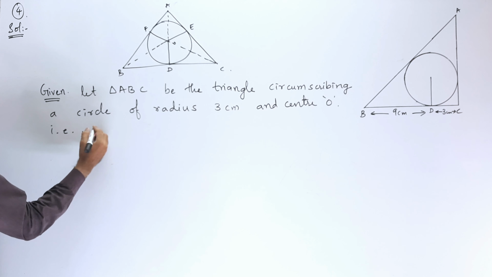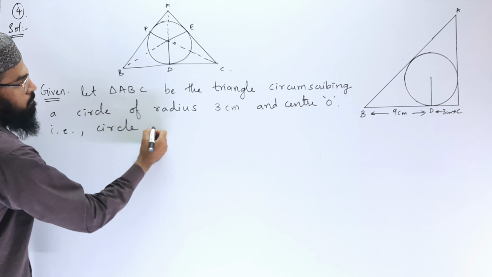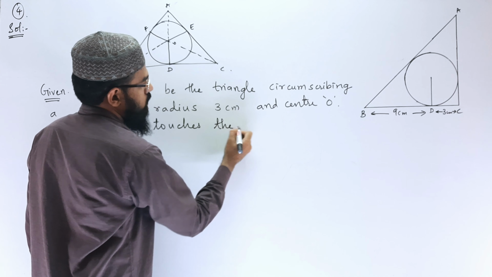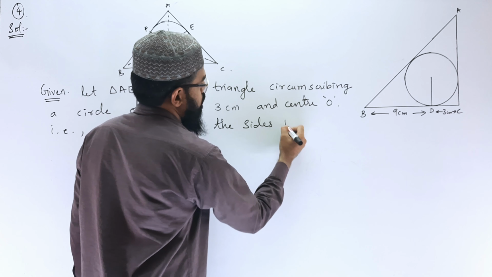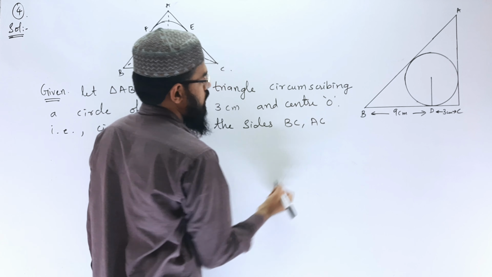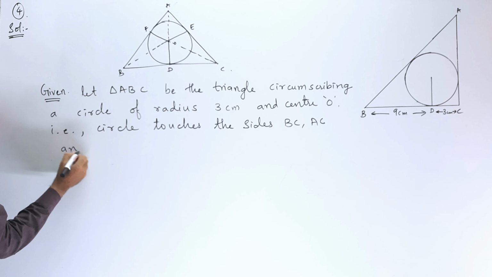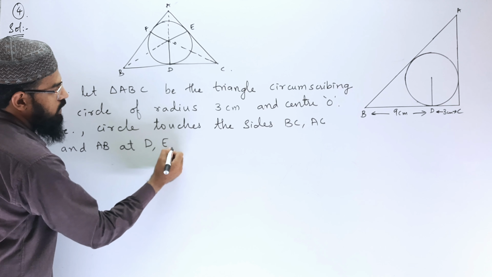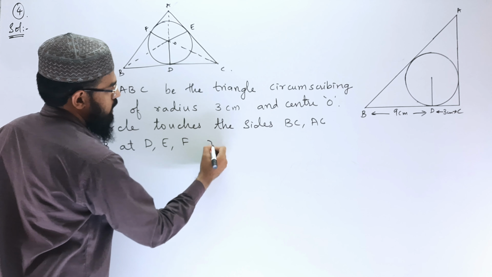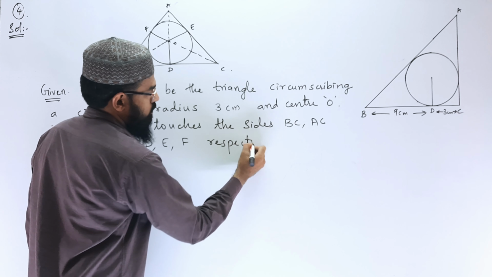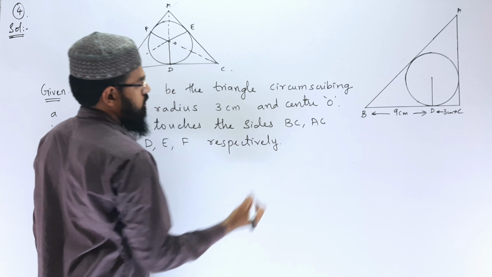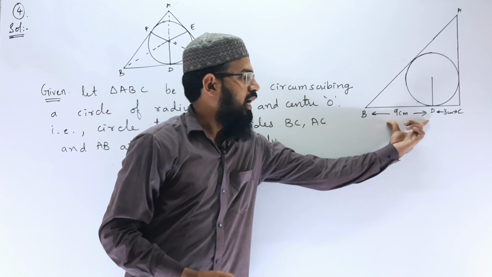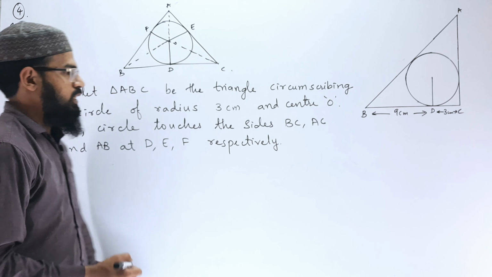That is, the circle touches the sides BC, AC and AB at D, E and F respectively. And it is also given that BD is 9 centimeter and DC is 3 centimeter.